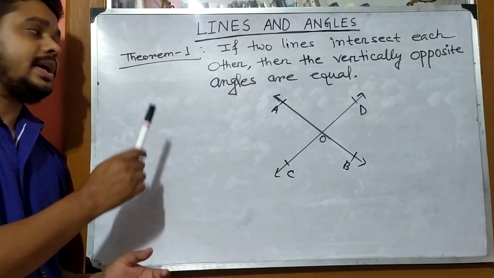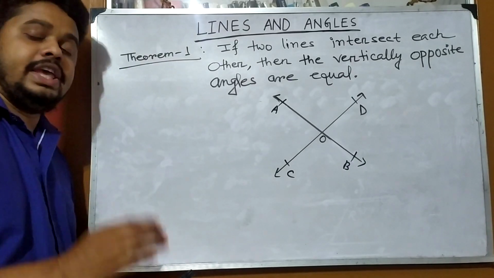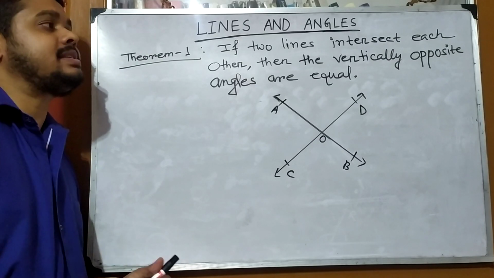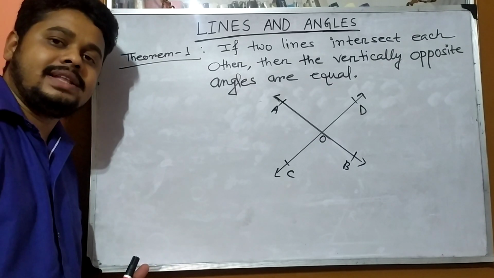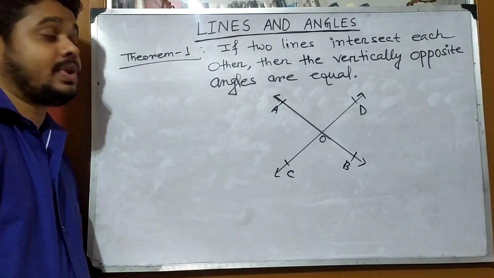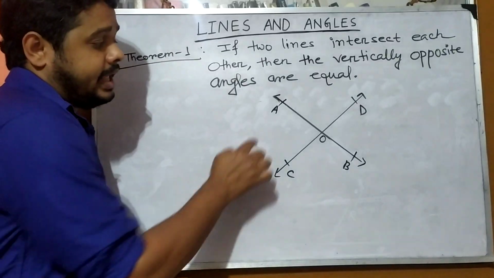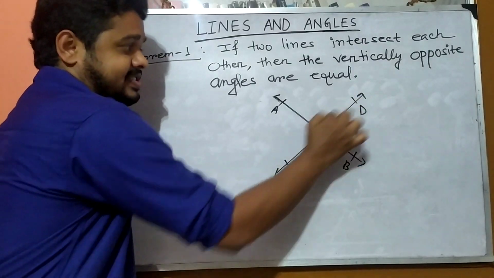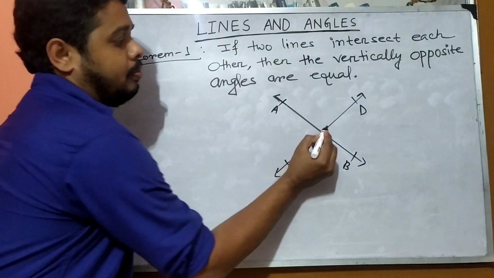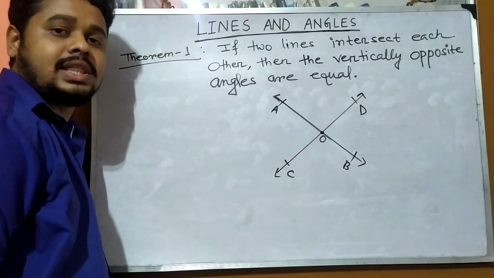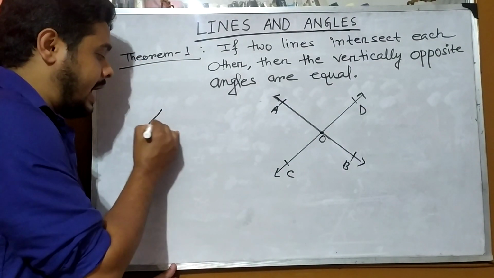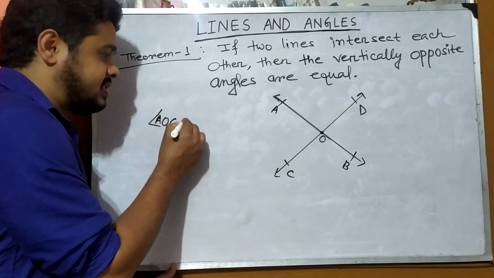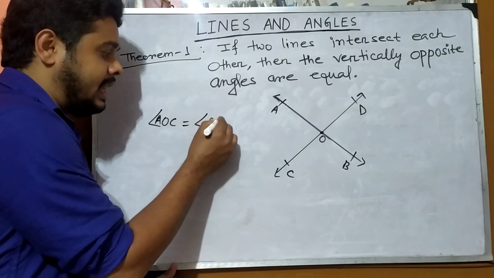Now I write here one theorem. If two lines intersect each other, then vertically opposite angles are equal. Here AB and CD are two lines, both intersecting each other at the point O. So we have to prove angle AOC equals angle BOD.